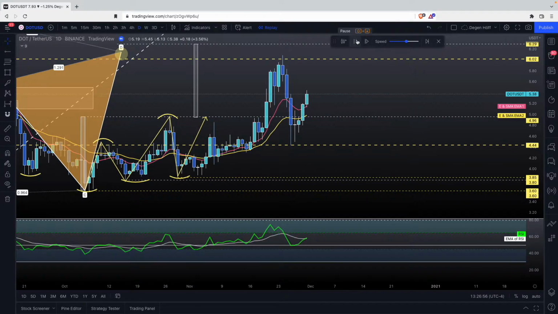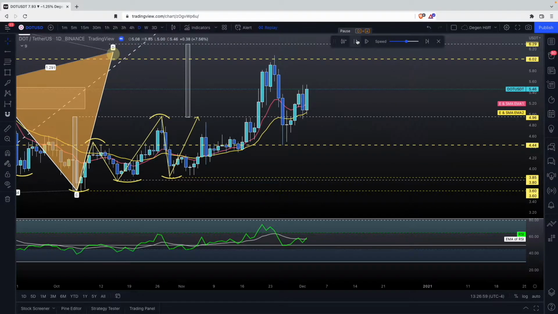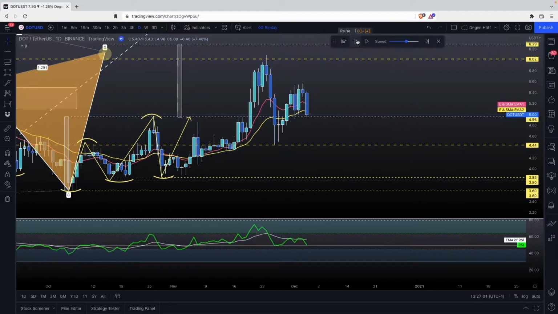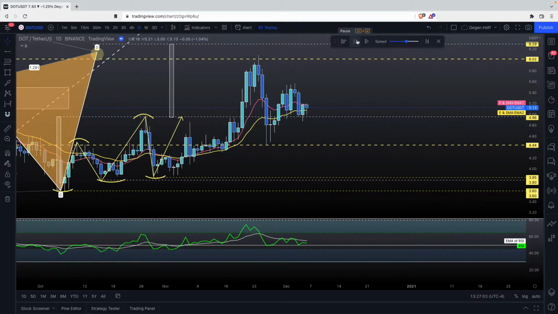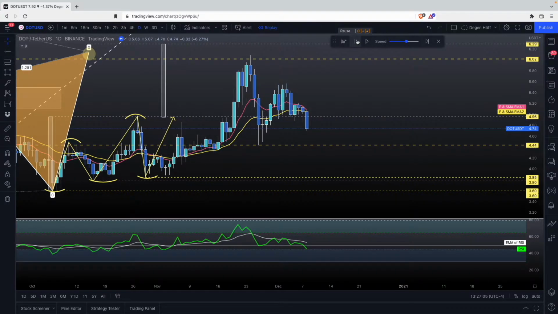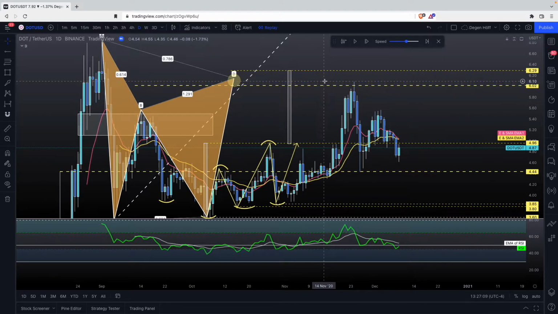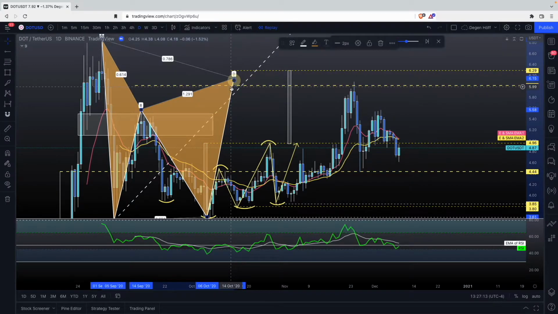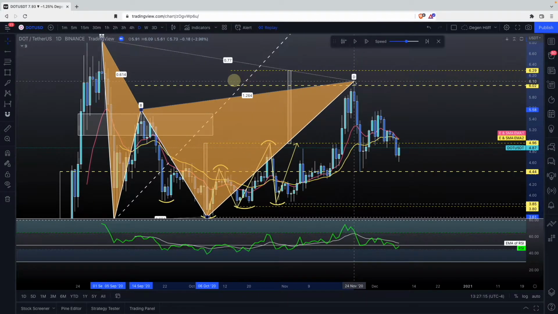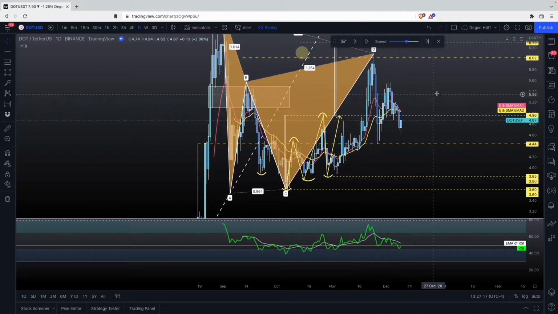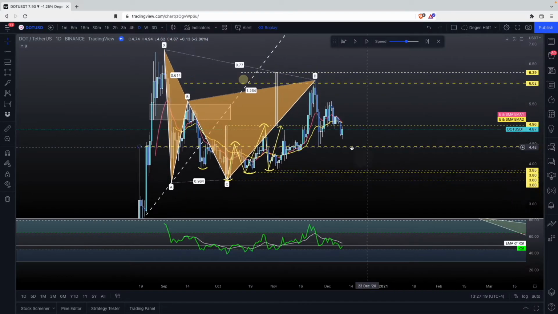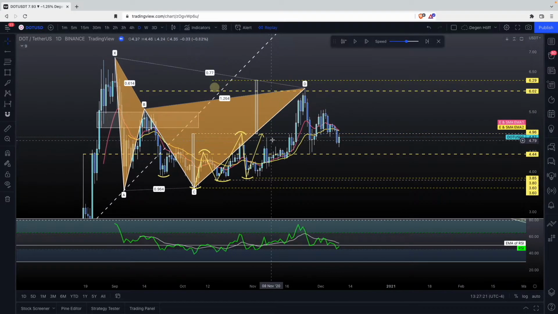It's still going up, there's no way. That was a stop hunt. Nah, it's looking bearish now. So it basically hit the 786, but not exact.